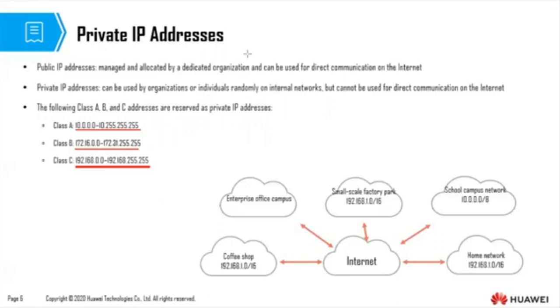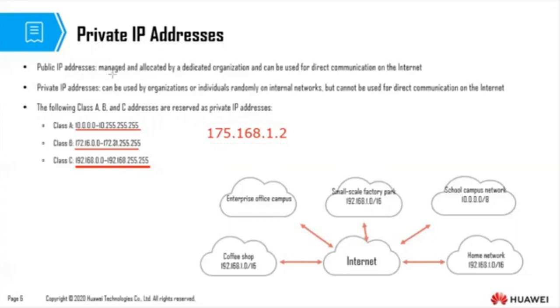So in the exam, they'll tell you that this is a private IP address, then you'll select between true or false. Does it lie within any of this range?